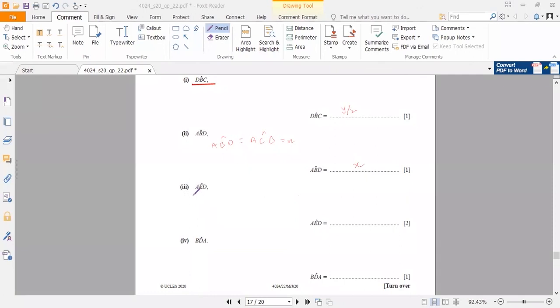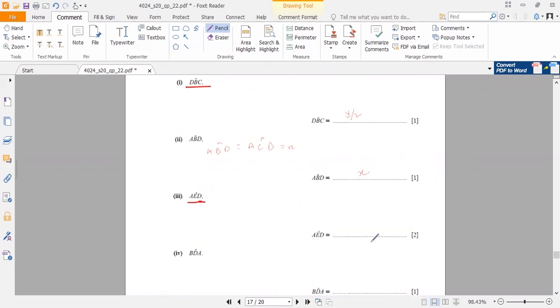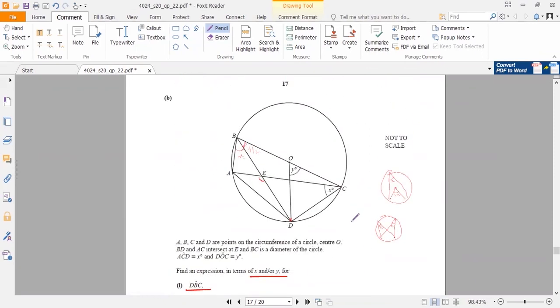Now in part 3, we need to find AED. AED means we need to find this angle. Firstly, if we consider triangle ABC, we know that this triangle is made with the diameter, so this angle is 90 degrees.